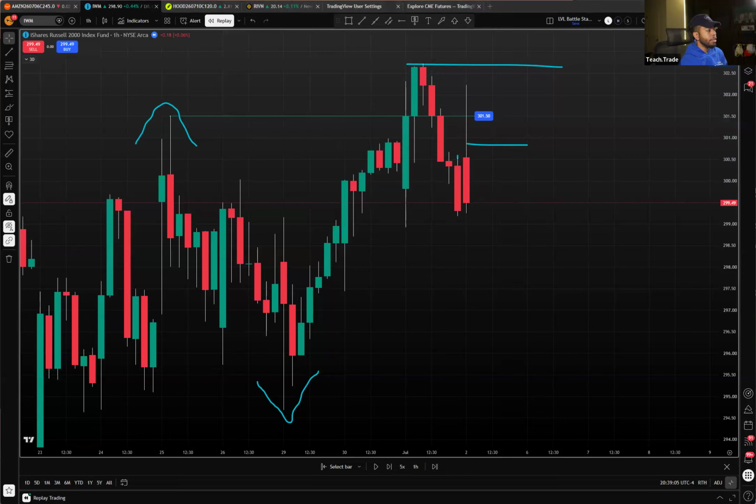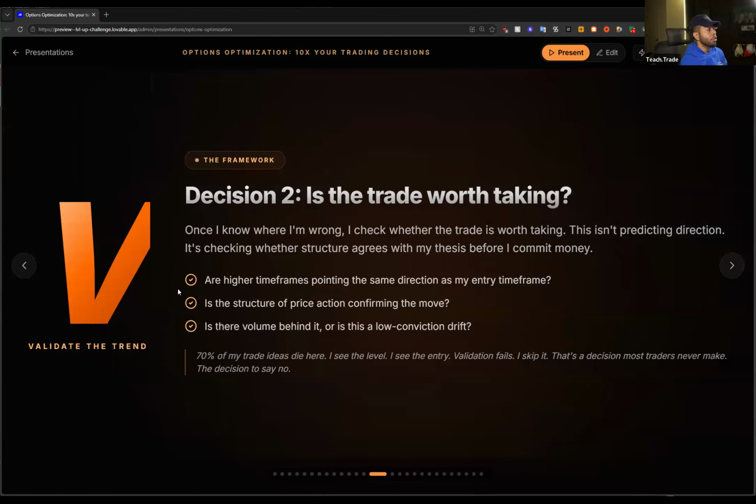And then the second thing here is validating the trend. With validating the trend, this is how I have to understand if a trade is actually worth taking. That's aligning with my decisions here. I don't want to predict direction, right? I want to check, is the structure and the movement of the chart agreeing with my thesis before I actually commit any money.